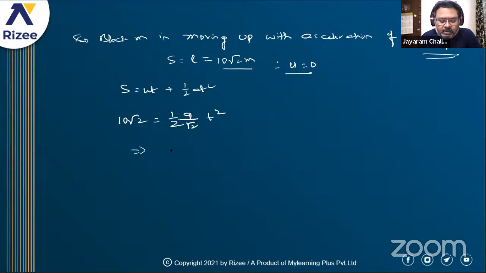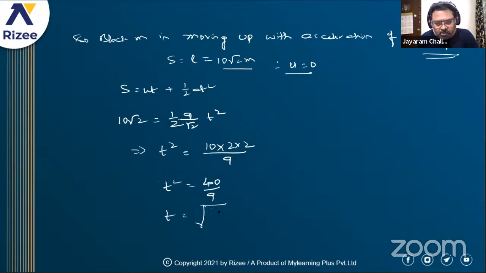So from this relationship, t square is equal to 10 into 2 into 2 by 9, or this is 40 by 9. T is equal to root over 40 by 9, or approximately it will be 2.1 seconds. Next case.